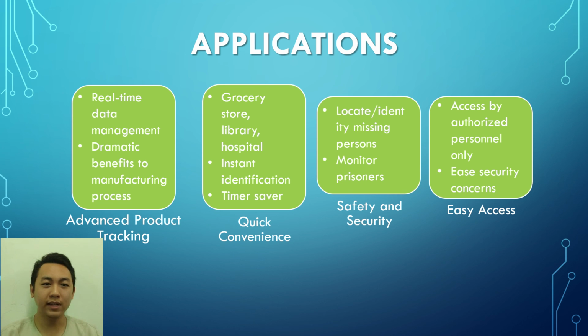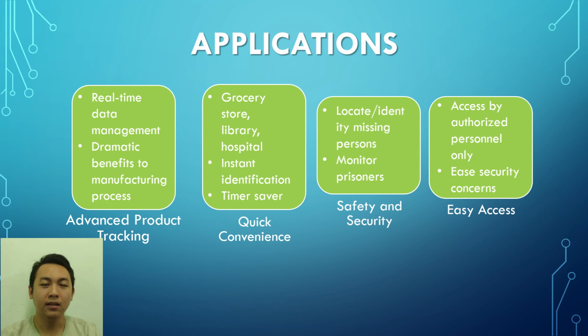For advanced product tracking, it provides real-time data management and dramatic benefits to the manufacturing process. For quick convenience, such as in grocery stores, libraries and hospitals, it provides instant identification and saves time.